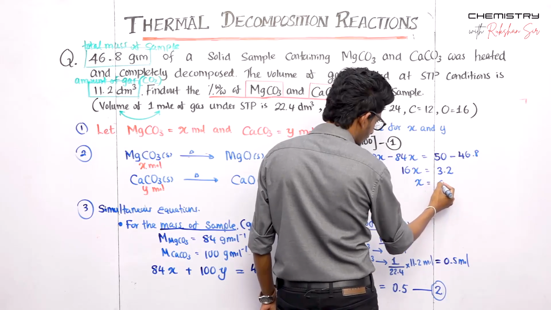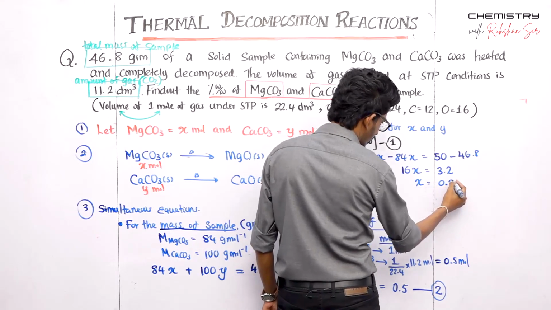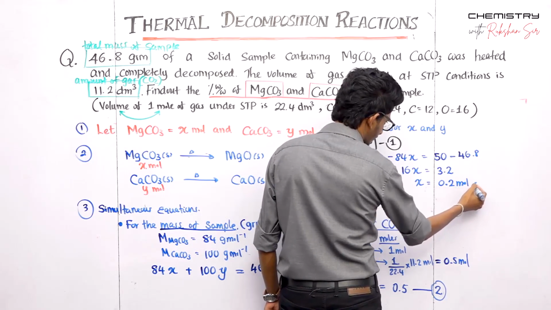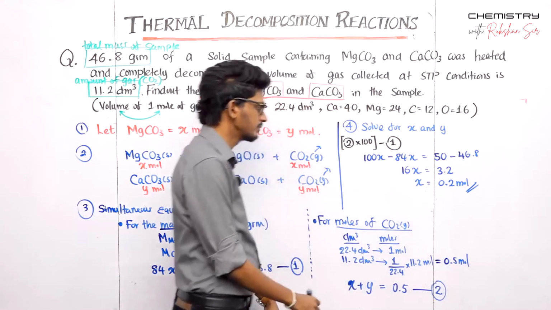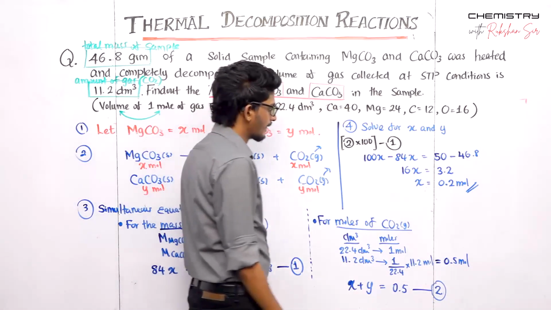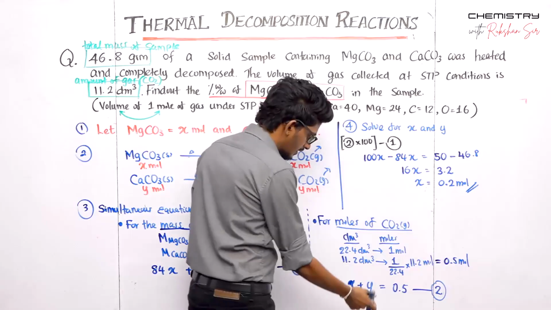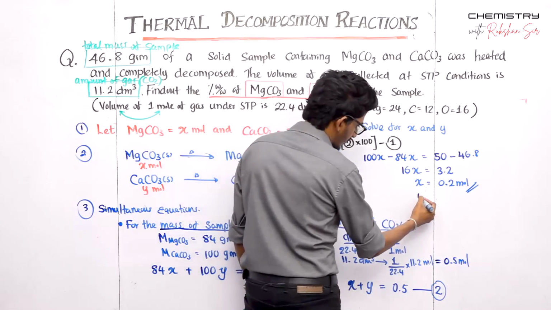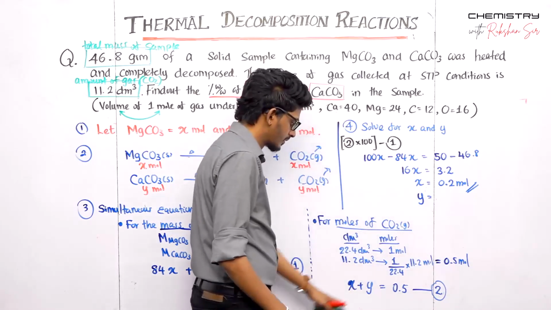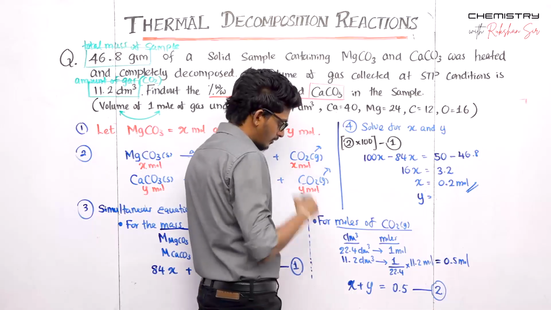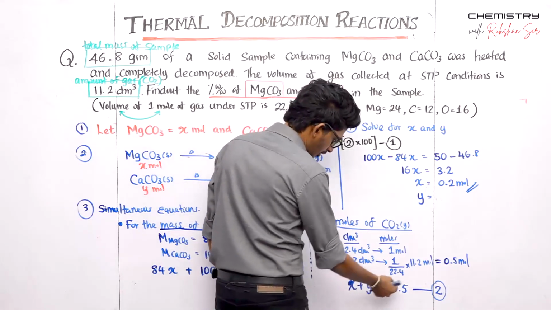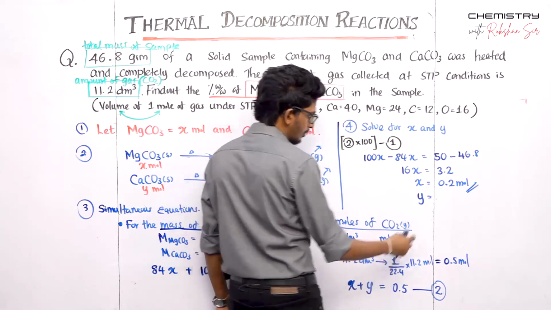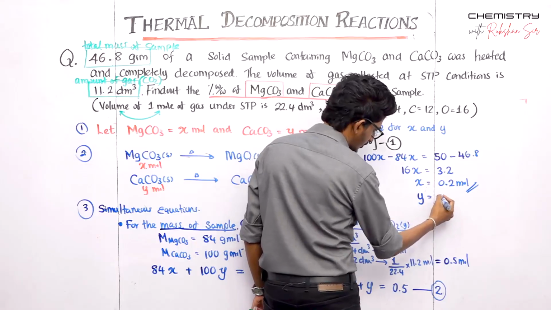So your x value is equal to 0.2 moles. This is your x. And so we can substitute this value here to come up with y. So y is actually 0.5 minus 0.2, which is 0.3.